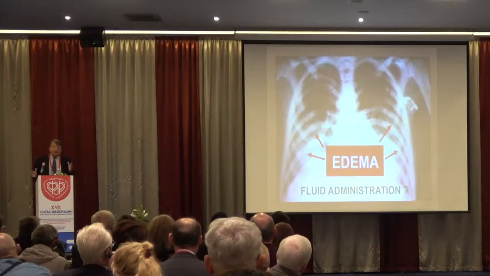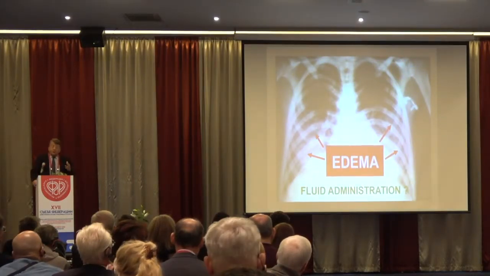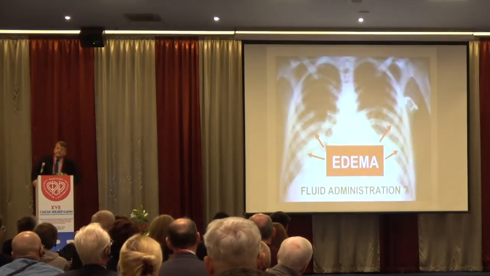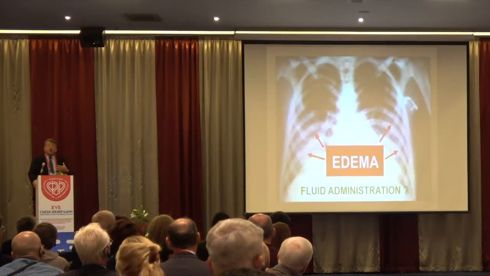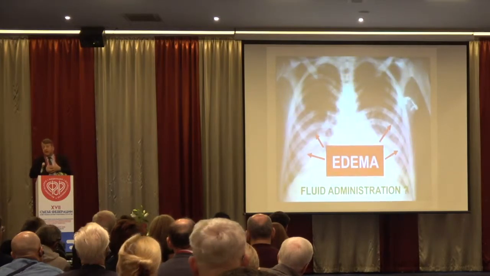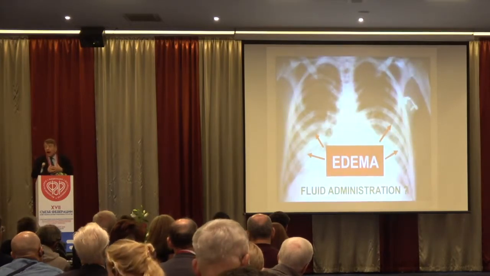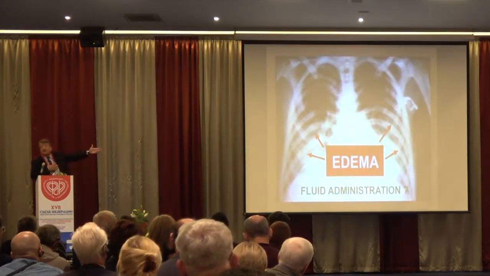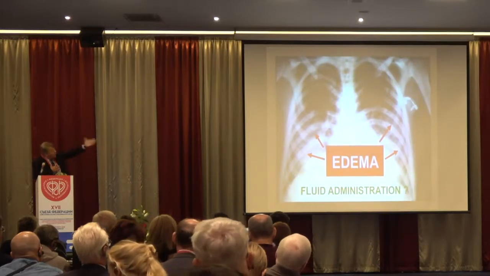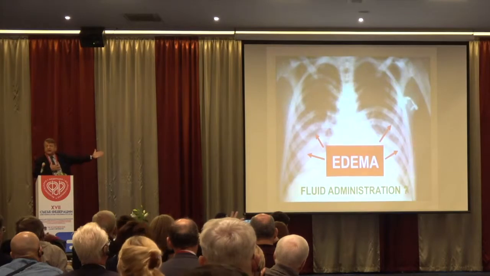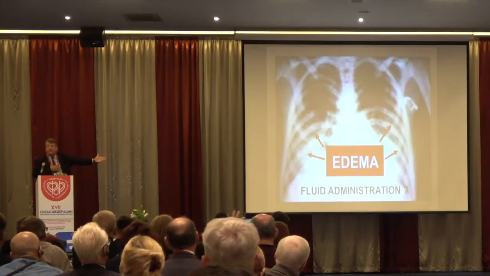Now, on the other hand, the presence of edema does not exclude hypovolemia. In acute heart failure, if I have a massive myocardial infarction right now with cardiogenic shock and that kind of chest x-ray, where would that fluid come from in acute cardiogenic pulmonary edema?